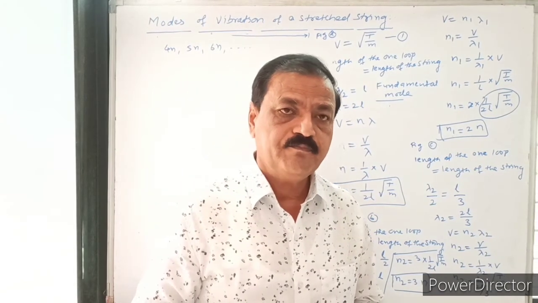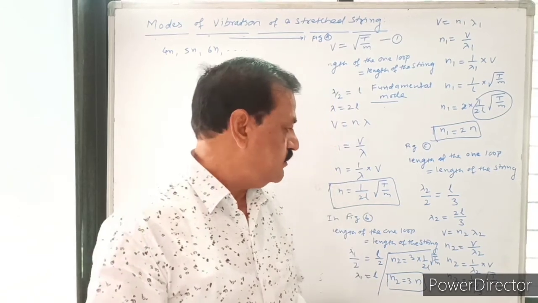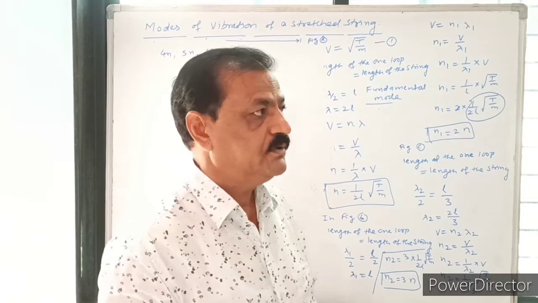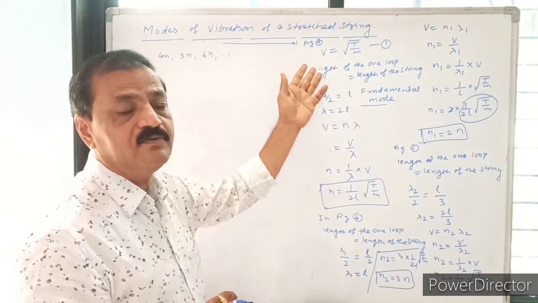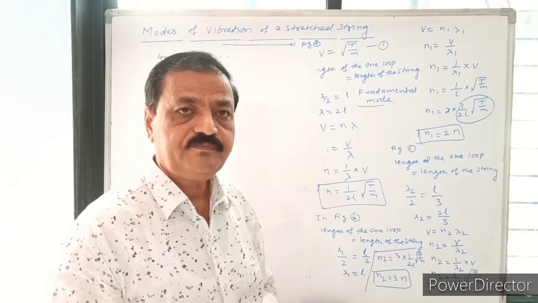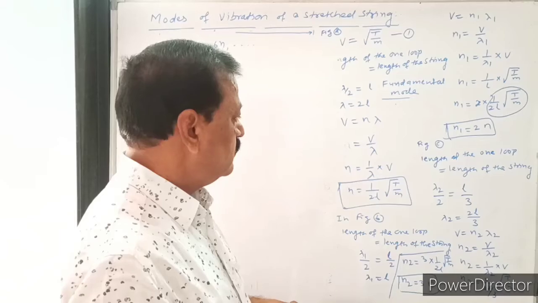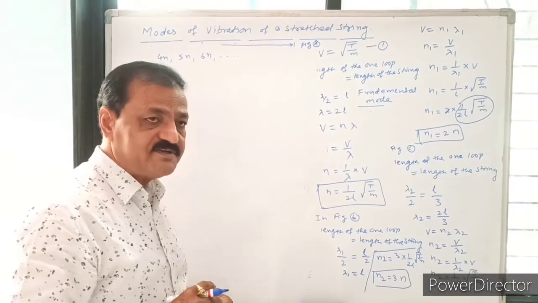At that time the first overtone, second overtone, third overtone are equal to 4n, 5n, 6n and so on. The harmonics should increase. So these are the modes of vibration of a stretched string.